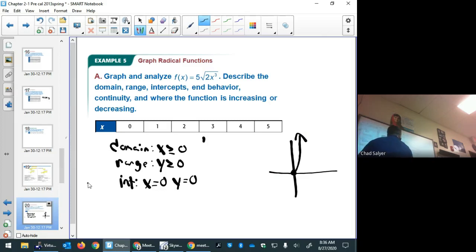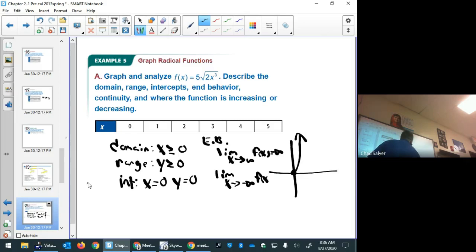In end behavior, so I got the limit as x goes to infinity of f of x equals infinity, and the limit as x goes to negative infinity of f of x does not exist. Continuity.